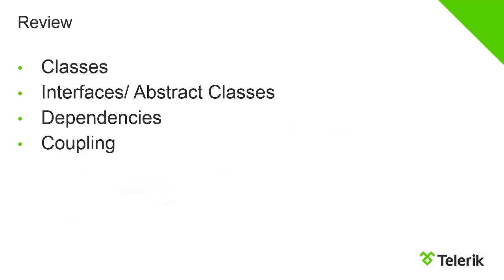Interfaces are non-concrete, you can't basically create concrete objects of them, and you can implement multiple interfaces in a class. An abstract class is similar to an interface, but you can have concrete implementations in there and things like those.